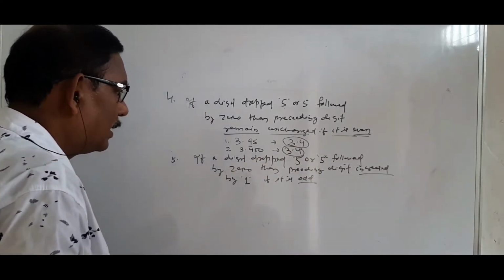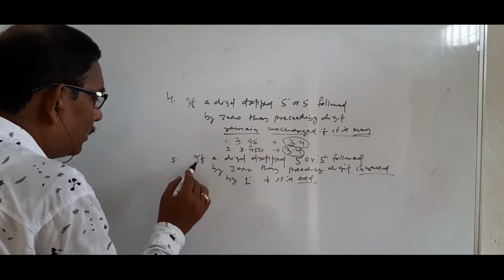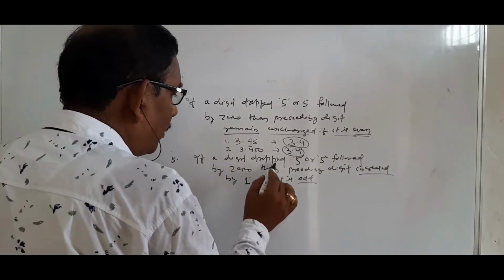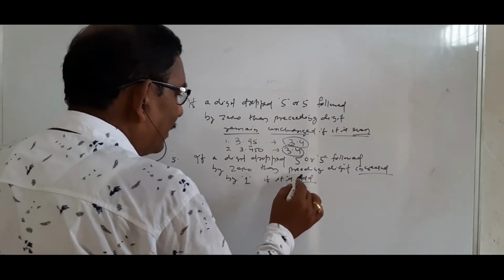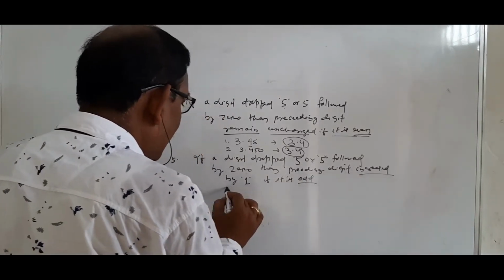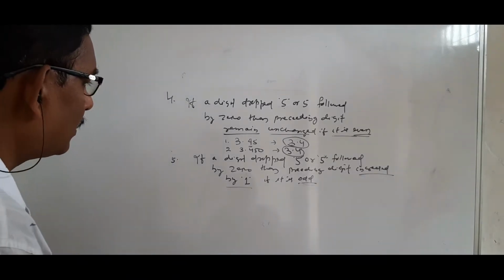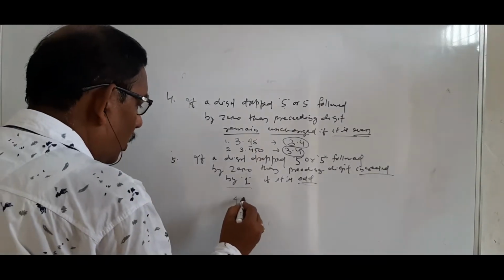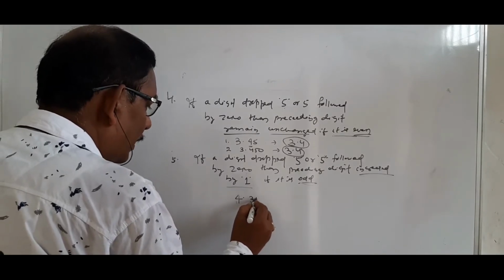Clear? Similarly, the next one: if the digit dropped is 5, or 5 followed by 0, then the preceding digit increases by 1 if it is odd. Suppose 4.35.